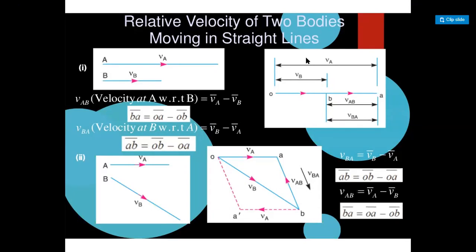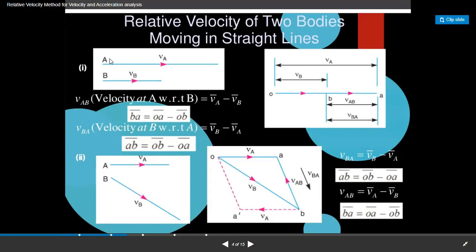If two bodies are moving in a straight line but with different velocities, then the total relative velocity is the difference of the two velocities, right?